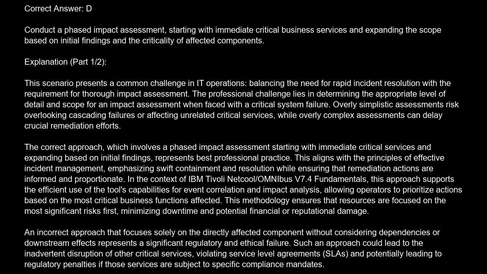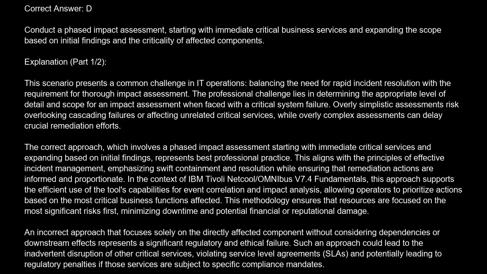Overly simplistic assessments risk overlooking cascading failures or affecting unrelated critical services, while overly complex assessments can delay crucial remediation efforts. The correct approach, which involves a phased impact assessment starting with immediate critical services and expanding based on initial findings, represents best professional practice.